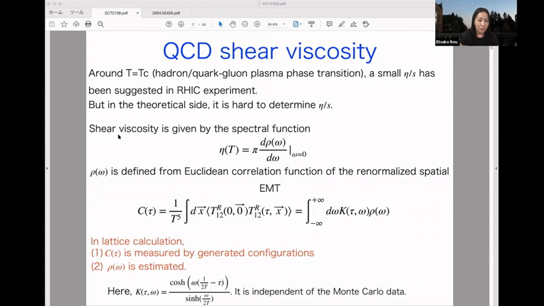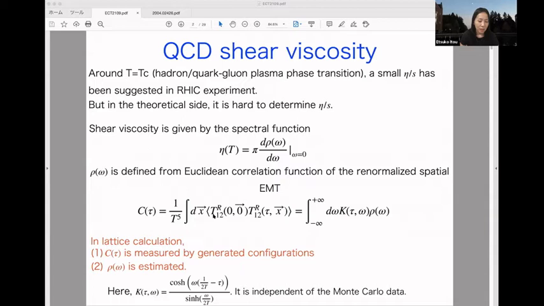This shear viscosity is given by the spectral function rho(omega), and the shear viscosity is proportional to the first derivative around the frequency omega equal to 0. And this spectral function is defined from the Euclidean correlation function of the renormalized spatial energy momentum tensor, T12.